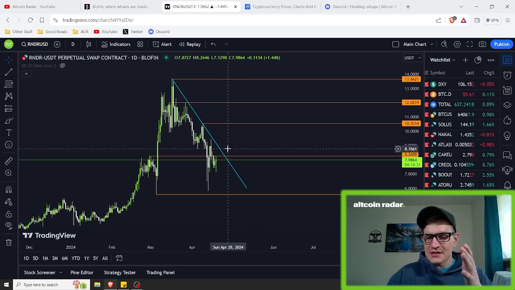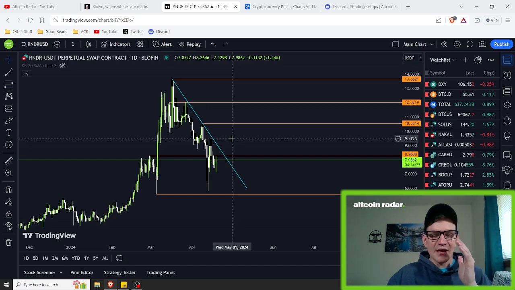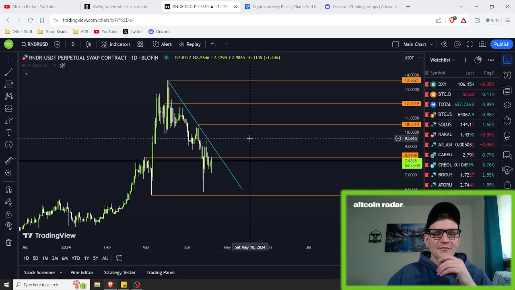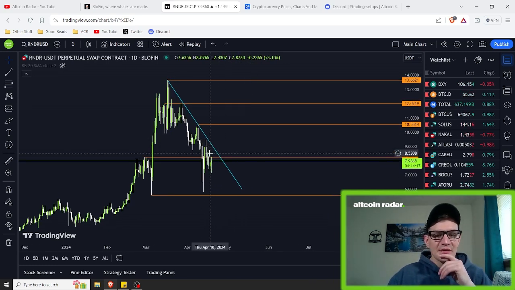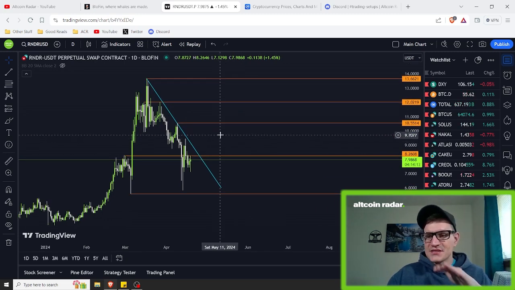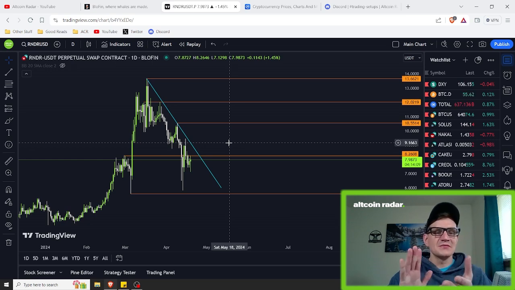And then the next key indicator that I'm looking for is for price action to actually break key resistance levels as well, in addition to breaking the downslope here. Now, we have clearly got a ways to go here for that to happen. A lot of this has to do with the fact that a lot of altcoins ended up dropping recently due to the Israel-Iran stuff going on.